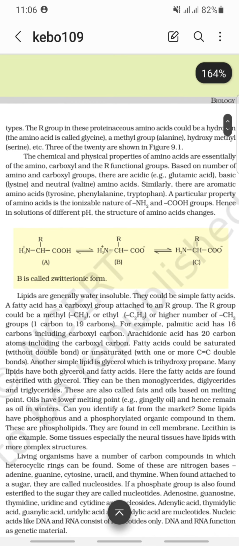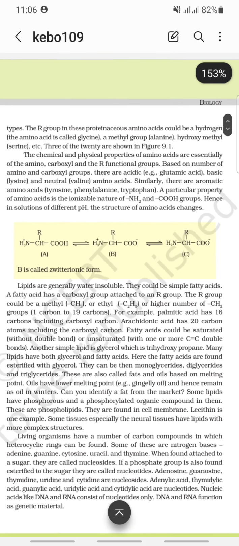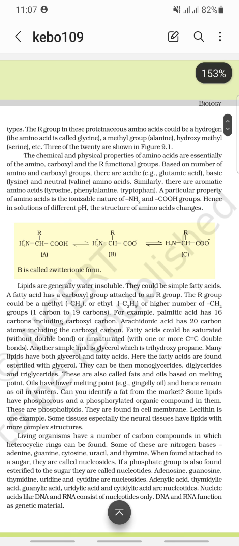The chemical and physical properties of amino acids are essentially of the amino, carboxyl and the R functional groups. Based on the number of amino and carboxyl groups, there are acidic amino acids, for example glutamic acid, basic ones like lysine, and neutral ones like valine. Similarly, there are aromatic amino acids: tyrosine, phenylalanine, tryptophan.